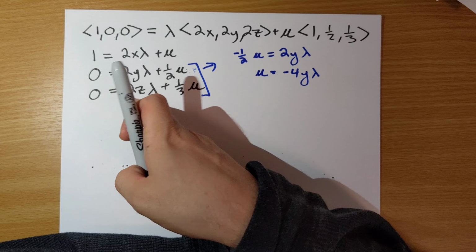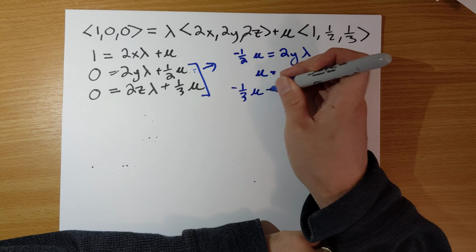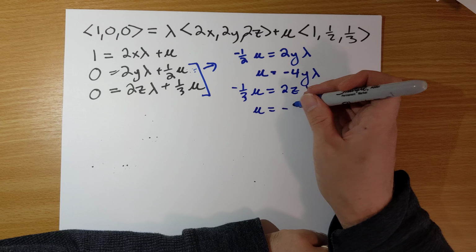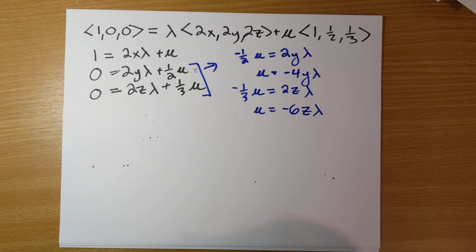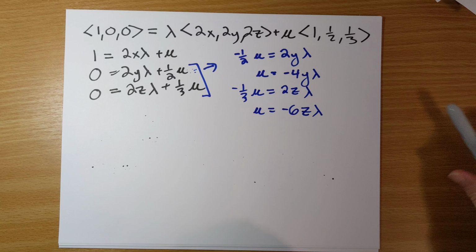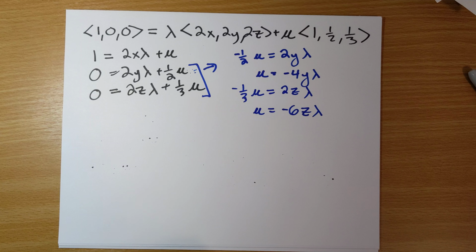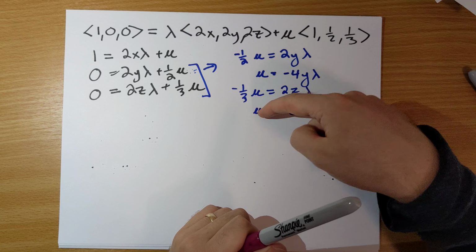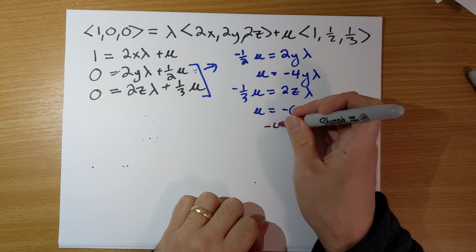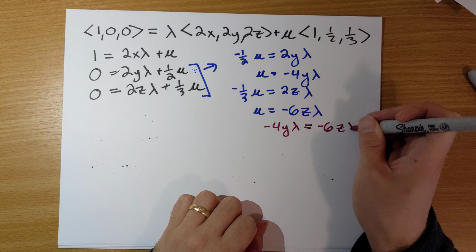And then similarly, this one would give us negative 1/3 mu is equal to 2z lambda. So mu is equal to negative 6z lambda. Okay, so we've got this and we've got this. Combining these together, mu is equal to this, mu is equal to this. This shows us that negative 4y lambda is equal to negative 6z lambda.